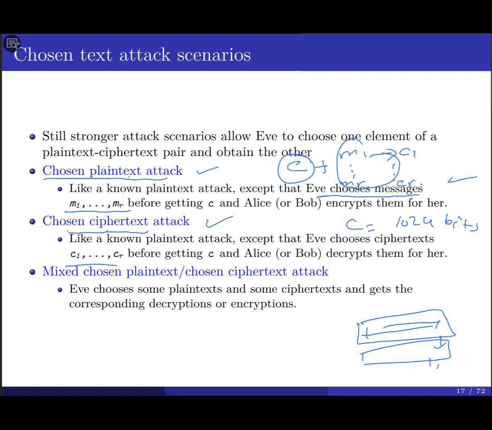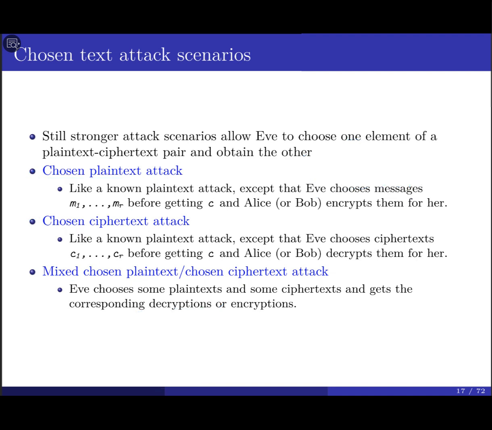The other scenario, which is going to be a stronger attack, mixes the chosen plain text and chosen ciphertext attacks. I'm going to mix both of them. Since we have, for example, M1 up to MR and C1 up to CR, this is the original information that we have.